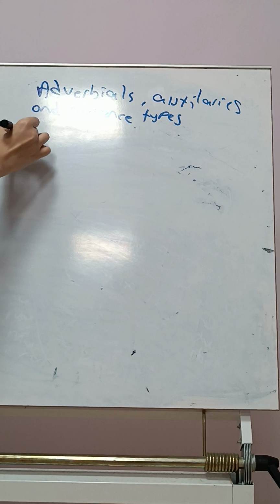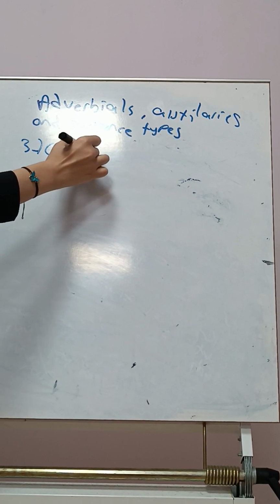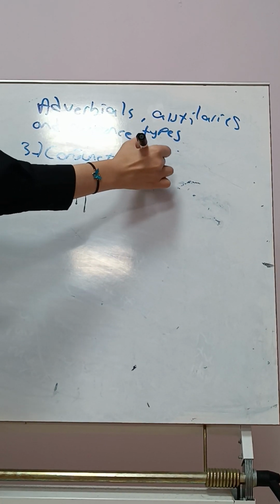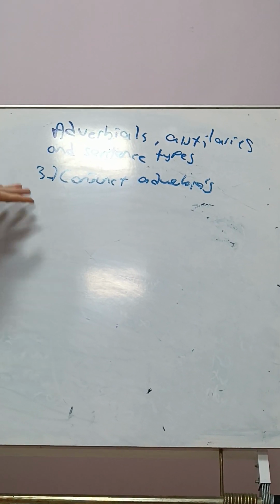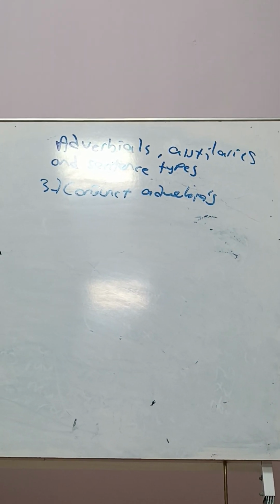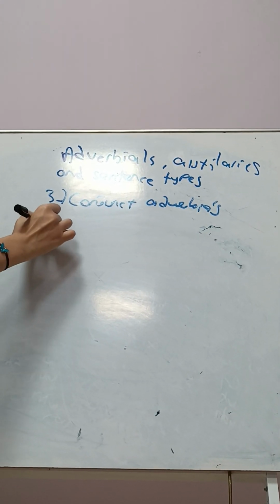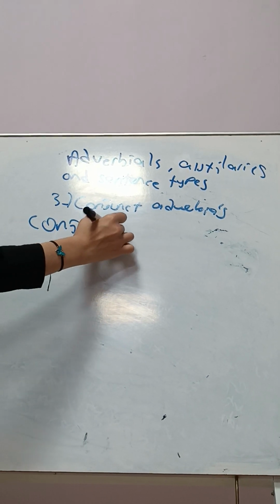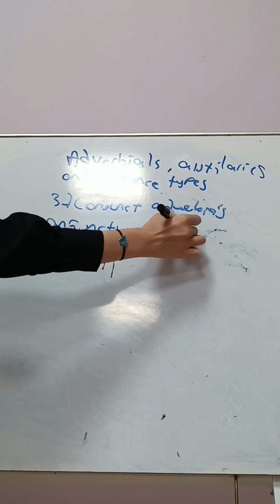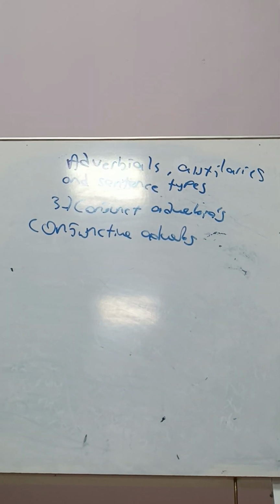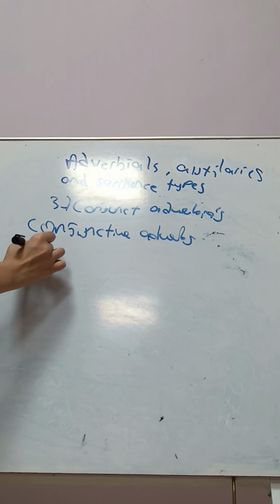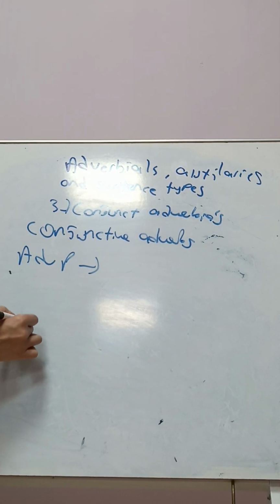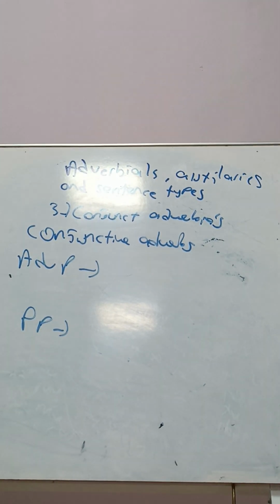And the third one is conjunct adverbials. Traditionally, these are known as conjunctive adverbs. They express textual relationships to link clauses. They have no function in their own clause. Let me give some examples.